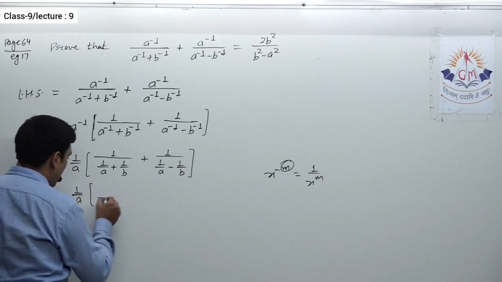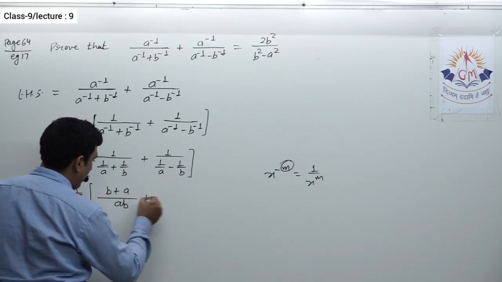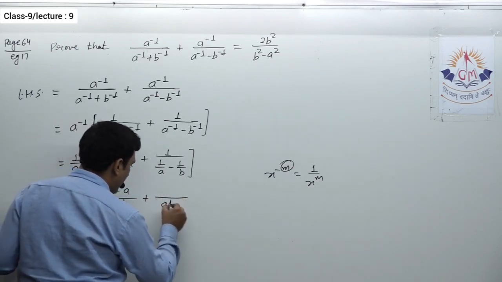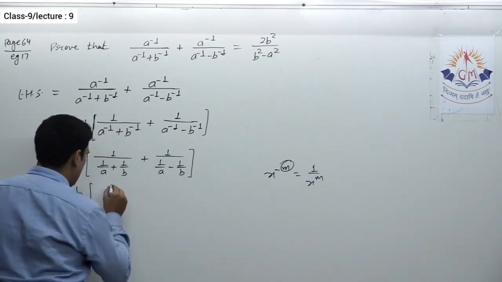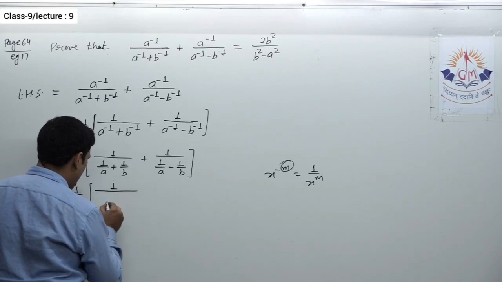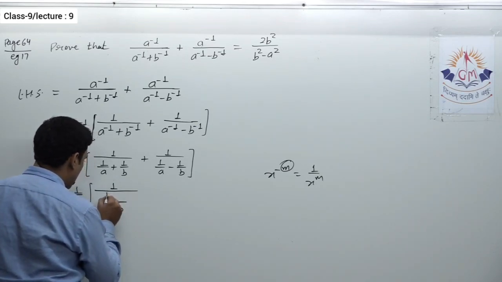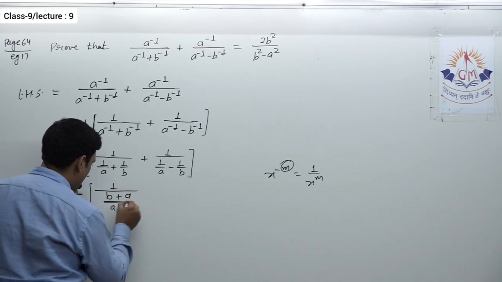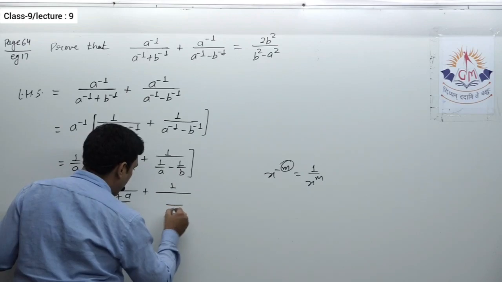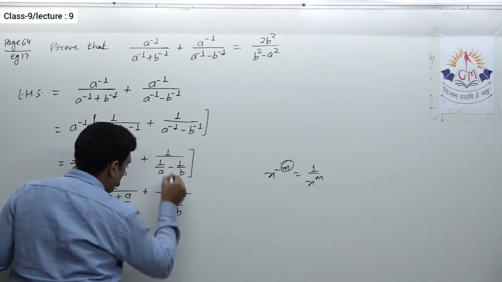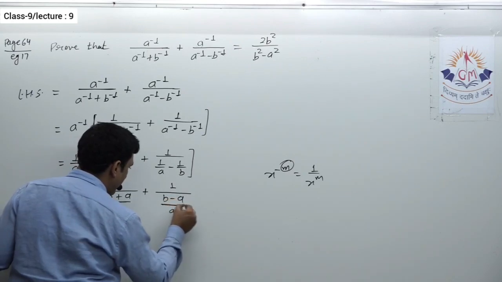Now over here the LCM will be ab, so here I will get b plus a, plus, here again the LCM will be ab, so here I will get b minus a.